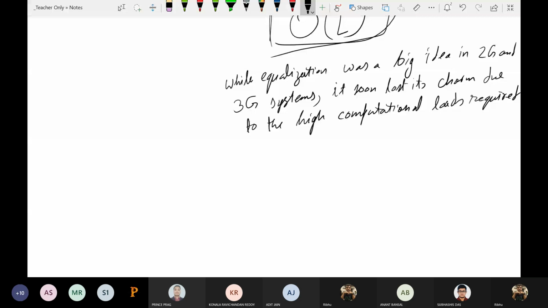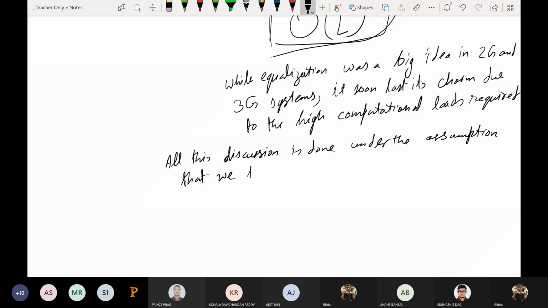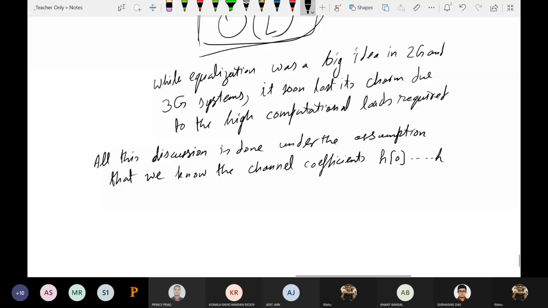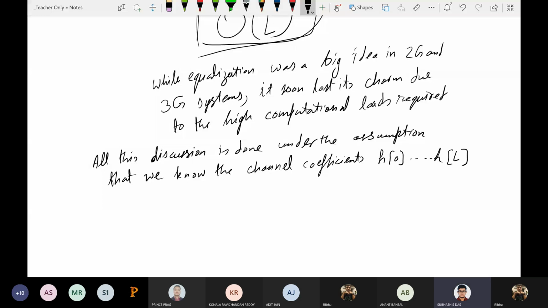But before we start discussing that alternative, it's good to point out that all this discussion was done under the assumption that we know the channel coefficients H0 to HL.